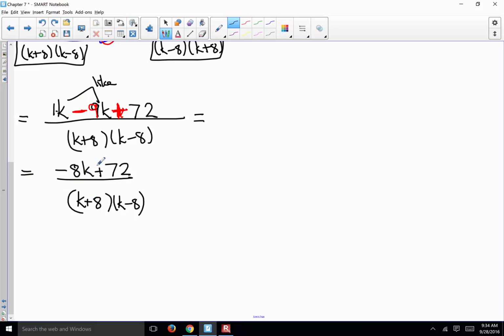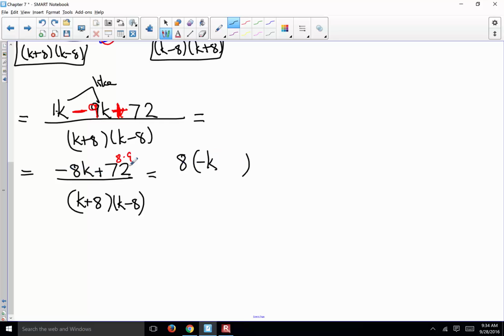Now I will try to factor the top for the sake of cancellations, but can I factor the top? Do you see anything common between these two terms? 8 is common, right? 72 has 8 times 9. So I can factor an 8 out and get minus k.